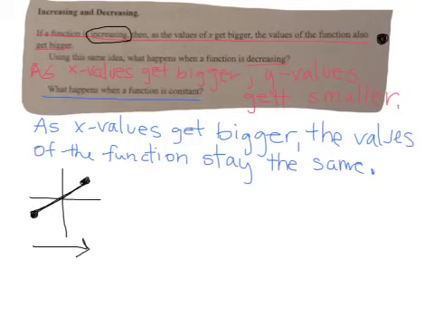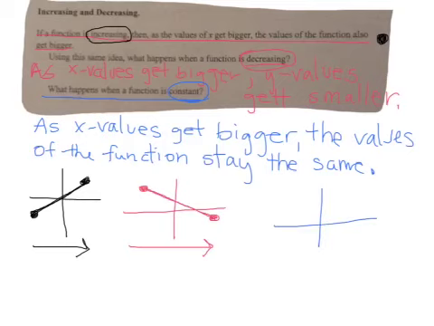Okay? Decreasing will be pink. So let's take a look at that. Again, my x's increase, so they just go from left to right, but my y values get smaller. So they're going to go down. And constant's going to be in blue.